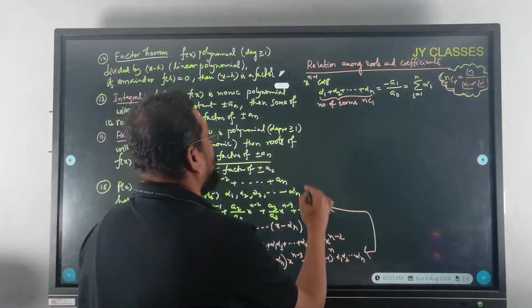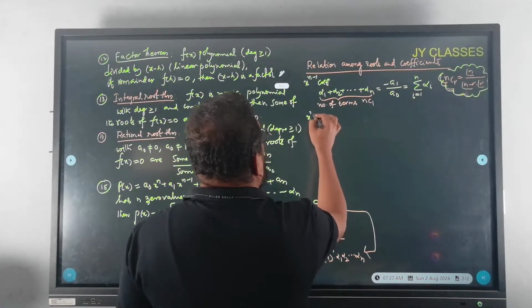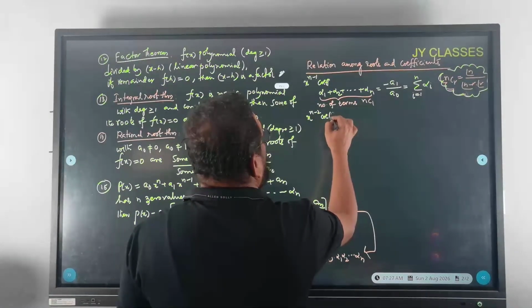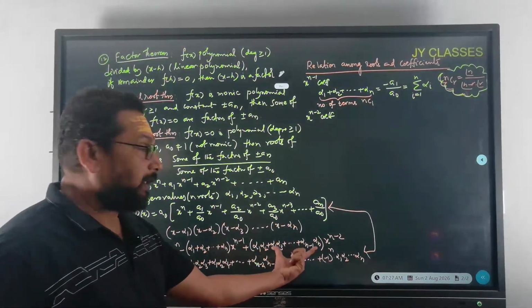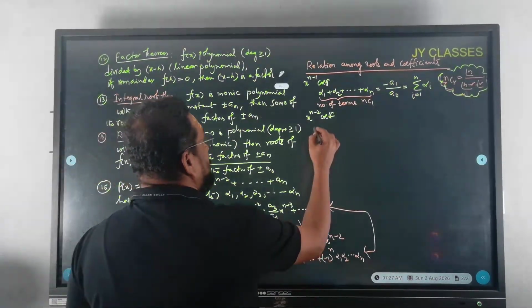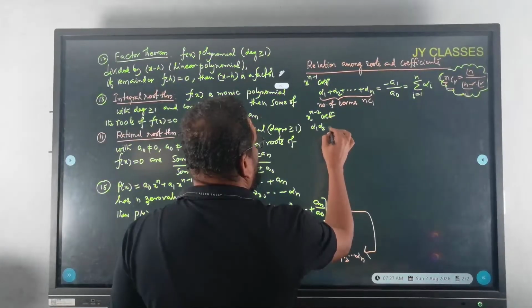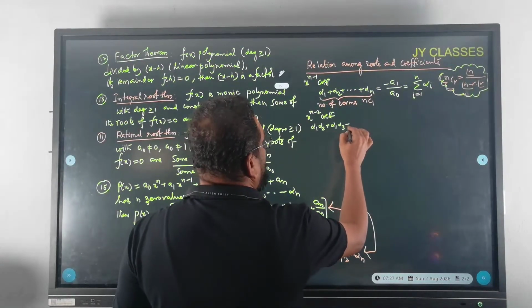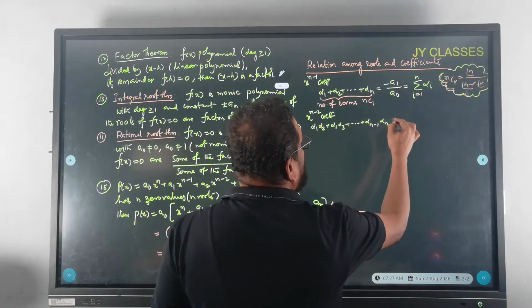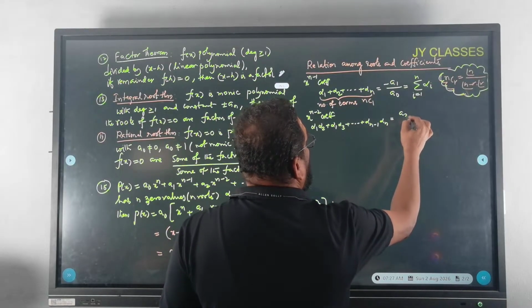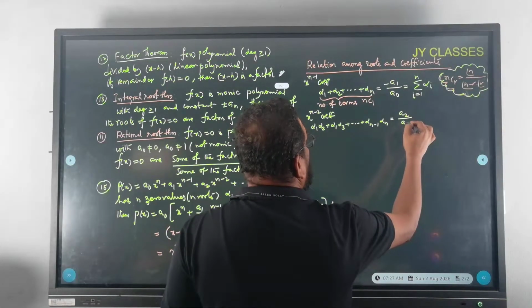Right? Now, x power n minus 2 coefficient. మీరు జాగ్రత్తగా అబ్జర్వ్ చేయండి. ఇక్కడ x power n minus 2 coefficient alpha 1 alpha 2, alpha 1 alpha 3 and so on plus alpha n minus 1 alpha n is equal to a2 by a naught.